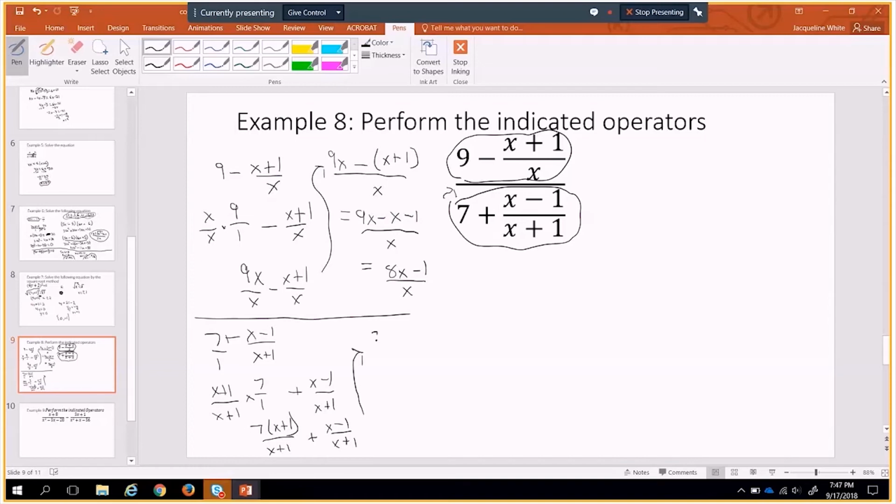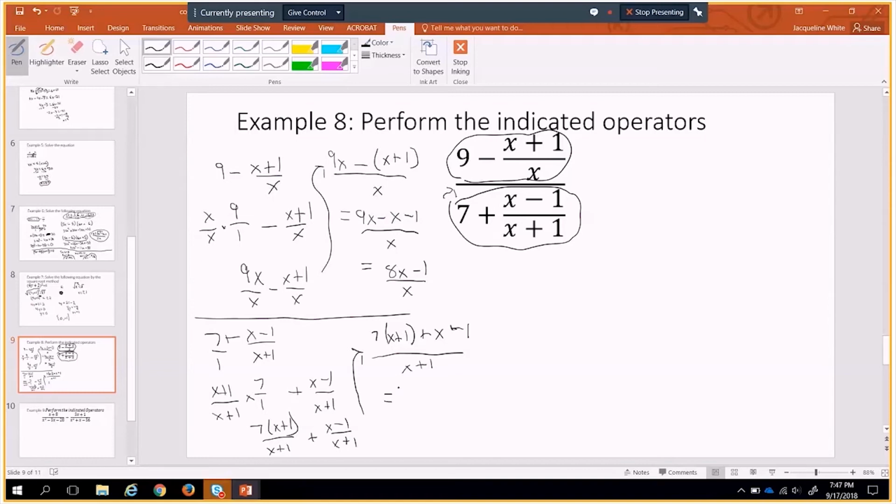So we have 7 times x plus 1 plus x minus 1 over x plus 1. Okay, so we have to distribute that 7 though, because it's connected by parentheses through multiplication.